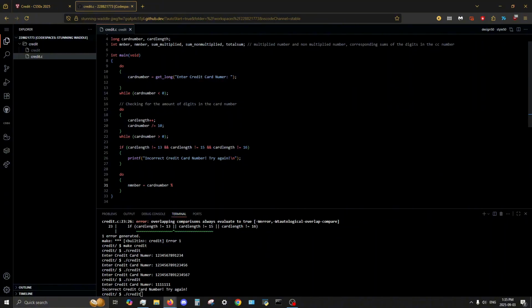on 10% of it, and then the sum of that's too long. Sum of multi and sum of non-multi.